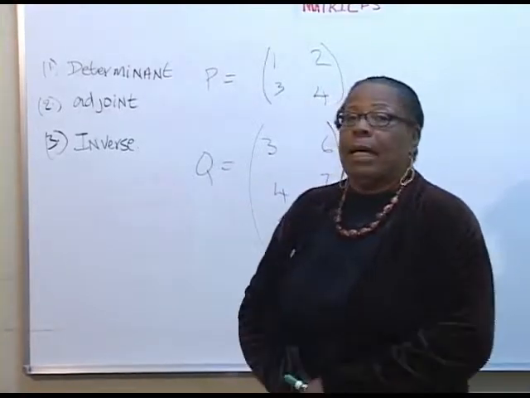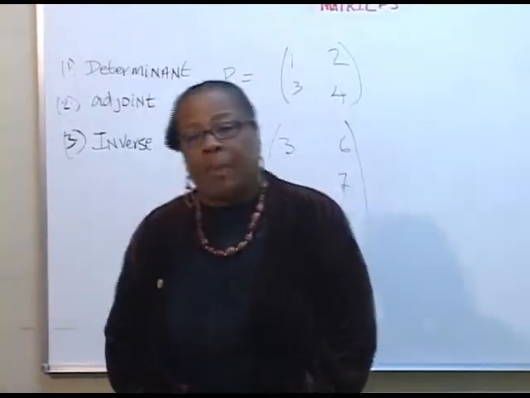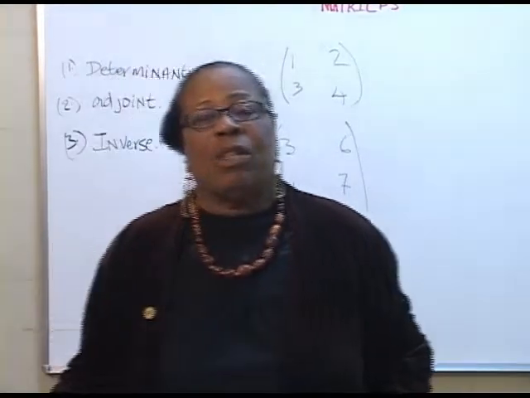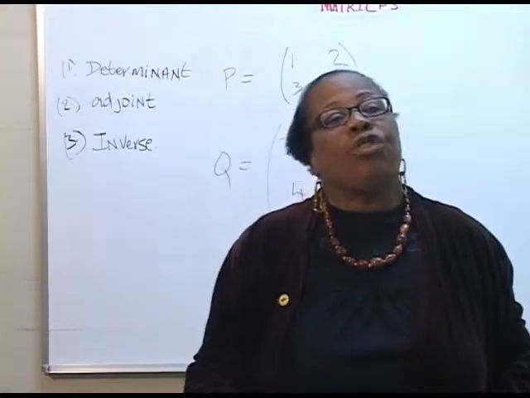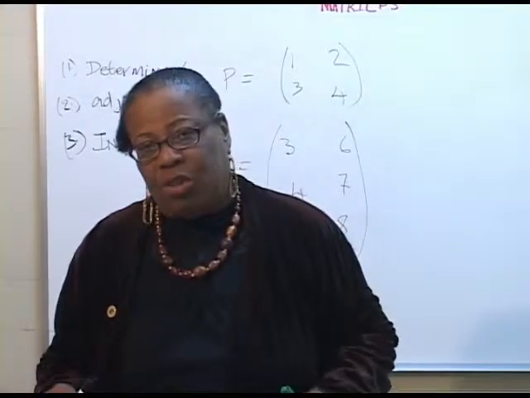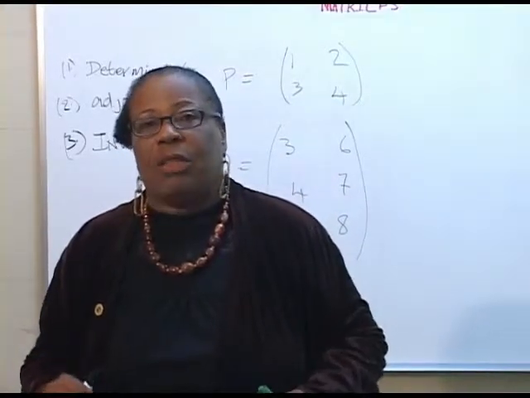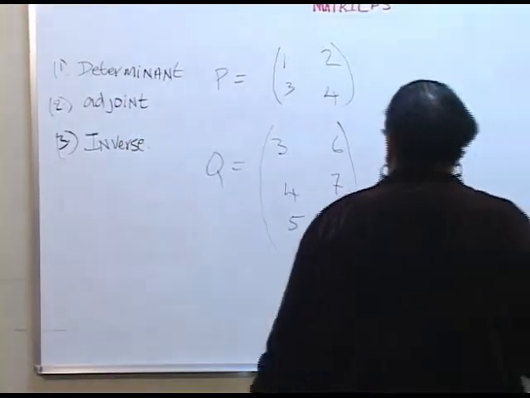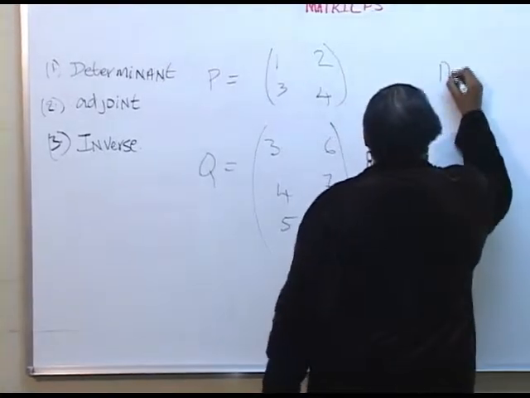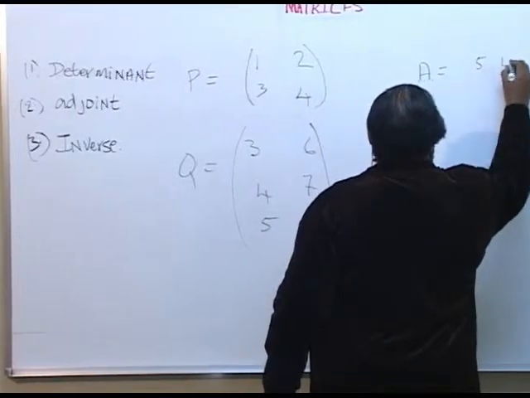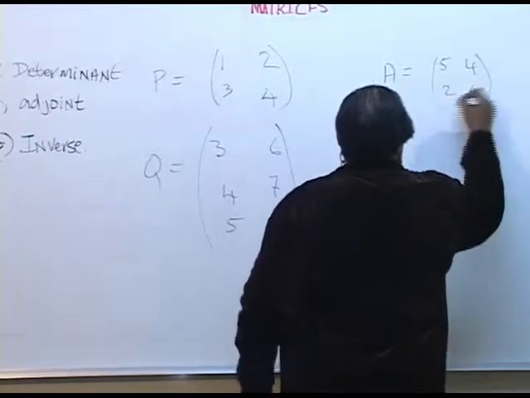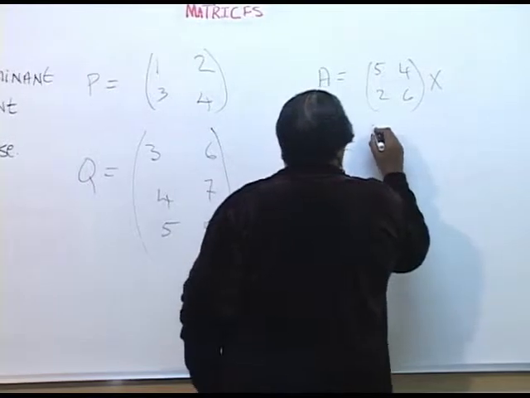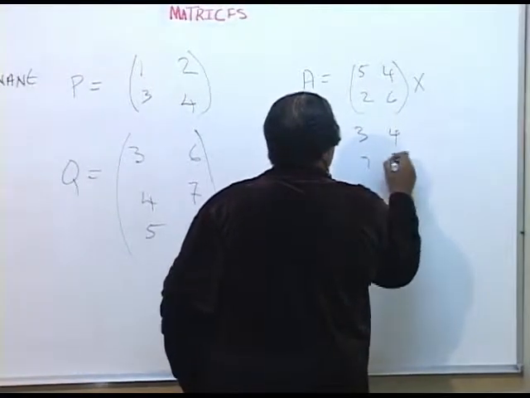Now, we told you the last time that we had two types of multiplication for matrices. We showed you the scalar, which was the same thing as your distributive law. And we also showed you a specific multiplication that was unique just to matrices. We were using a possible case where A is equal to 5, 4, 2, 6, and it is multiplied by the matrix B, which is equal to 3, 4, 7, 8.